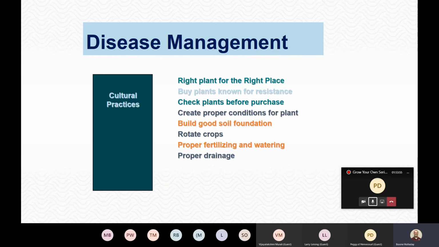We need to rotate those crops, so create some type of a schedule in the garden where we're being wise and trying to remember what we planted in this bed this year, and then switching those out on either a 2 or a 3 year rotational pattern to break that disease cycle. Proper fertilization and watering and drainage are crucial to minimizing disease pressure.